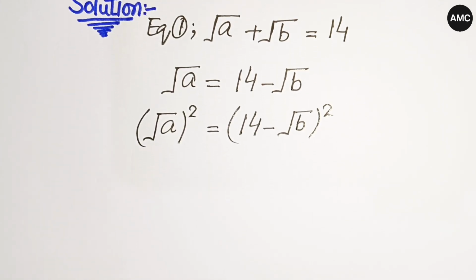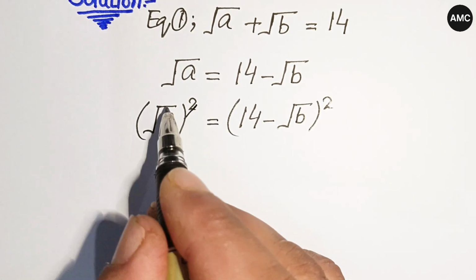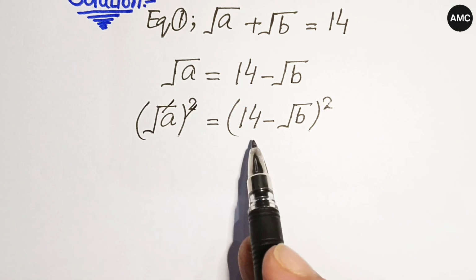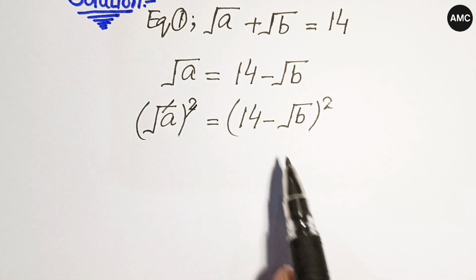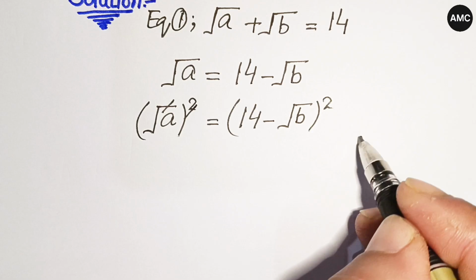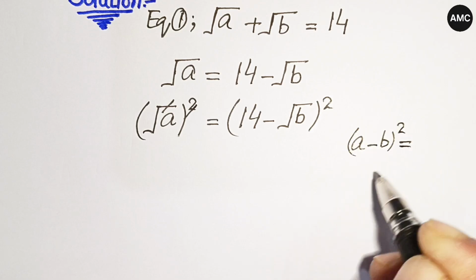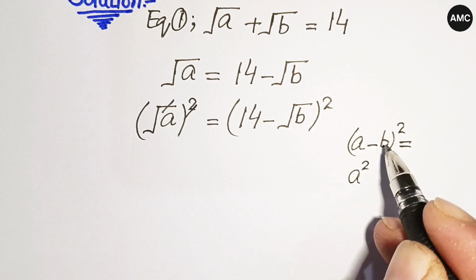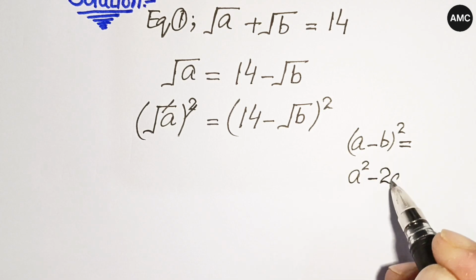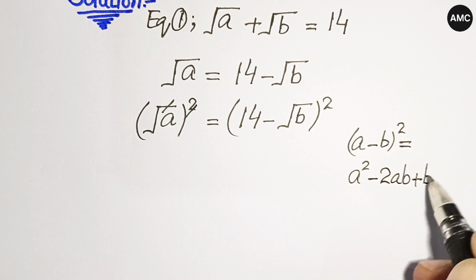Now, on our left hand side, the square cancels out the square root, and here we can use an algebraic identity: as we know, (a minus b) whole squared is equal to a squared minus 2ab plus b squared.